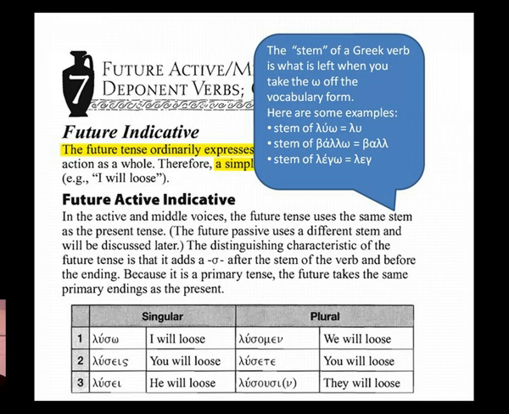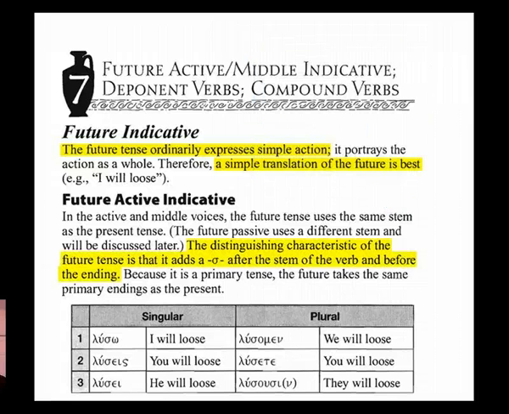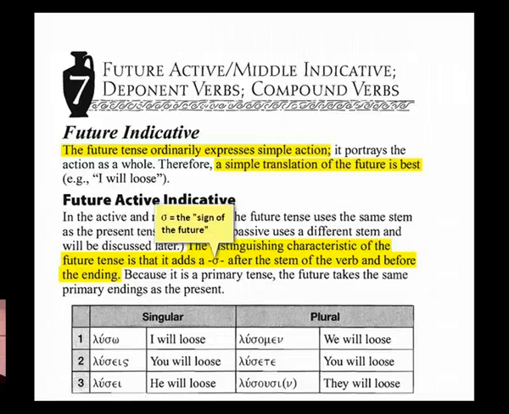The distinguishing characteristic of the future tense is that it adds a sigma after the stem of the verb and before the ending. Okay, so that means that a sigma is what I call the sign of the future. You see a verb form with a sigma in it and primary active endings, you know you have a future tense verb.